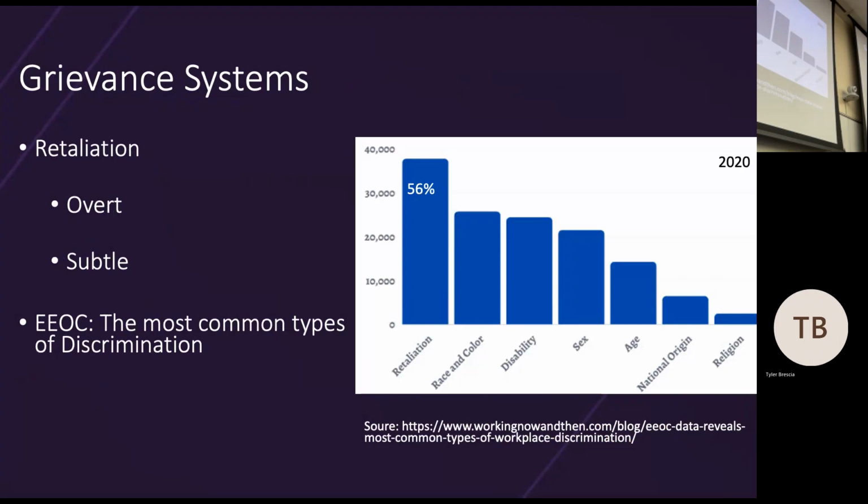If you report something, you're most likely to get retaliated against, and most likely have a case you can take to the EEOC, that the grievance process that was supposed to help you actually escalated, where you had overt and subtle things. Okay, what am I talking about with overt?